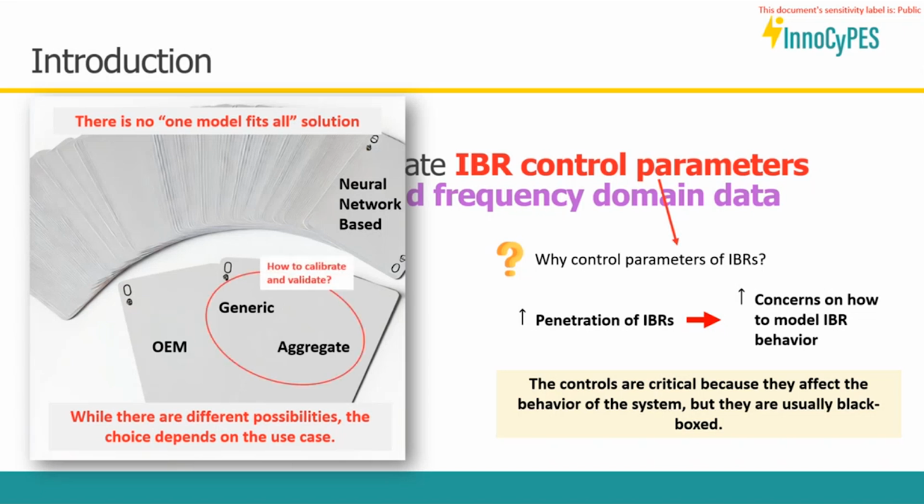For example, how to calibrate and validate the generic or aggregate models? For the OEM, it's a task that belongs mostly to the manufacturer. They run hundreds, thousands of tests and do their validation and calibration themselves. When it comes to the generic model, we are maybe not talking about the OEM, but someone, let's say a TSO, who wants to conduct some studies themselves.